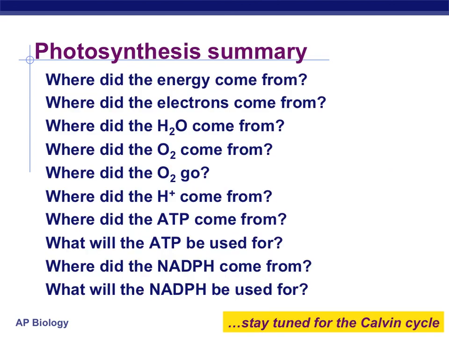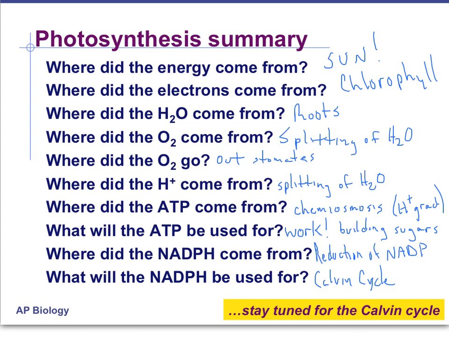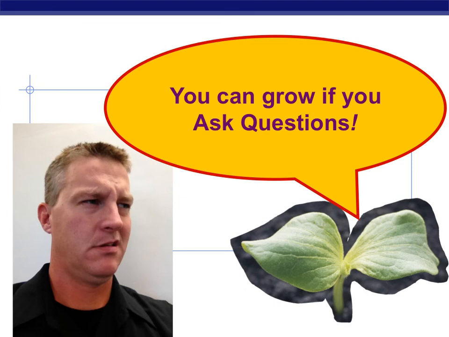So photosynthesis, just looking at the light reactions here, you should stop this and be able to ask yourself these questions, and review each of them before we talk about carbon fixation in the Calvin cycle. Answers are coming up. You sure you don't want to pause? Here you go. Easy, right?